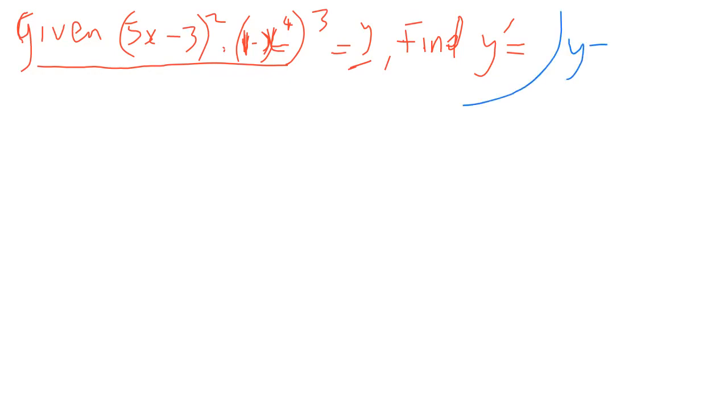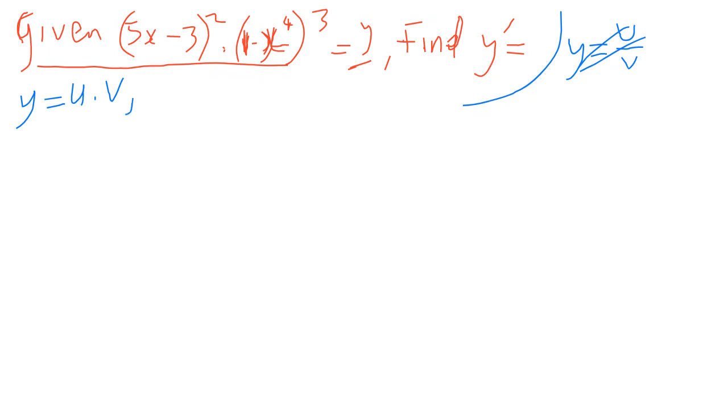Y is equal to u over v, where I like my u to be the numerator. So, I'm sorry, this is not a quotient, so I'm going to take that off. So y is equal to u multiplied by v, because it's a product. Since it's a product, I'm going to use the product rule of derivative.